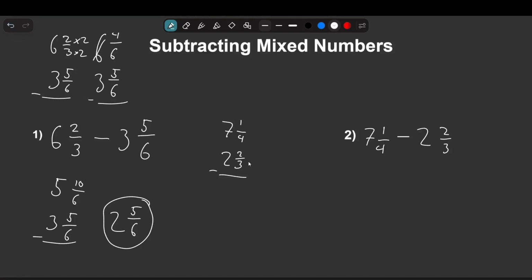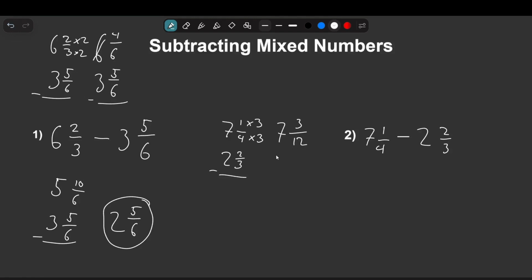The first multiple is going to be 12. So we're gonna turn both of our denominators to the number 12. So for the 4, we're going to multiply it by 3, and of course the numerator also. So we get 7 3/12, like this.